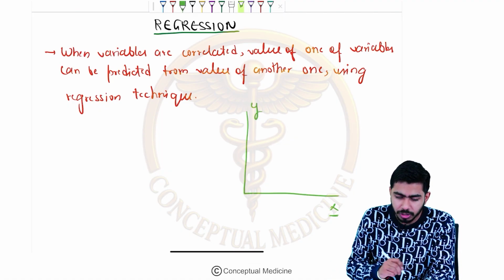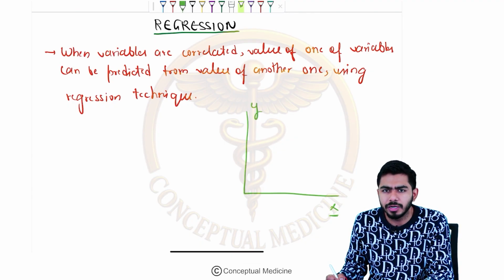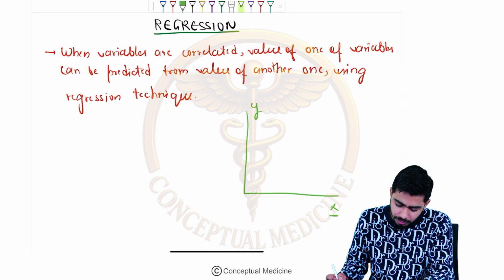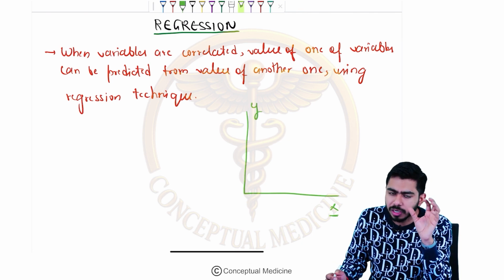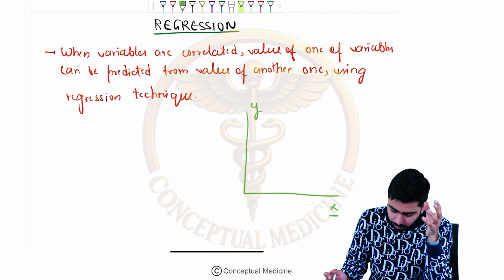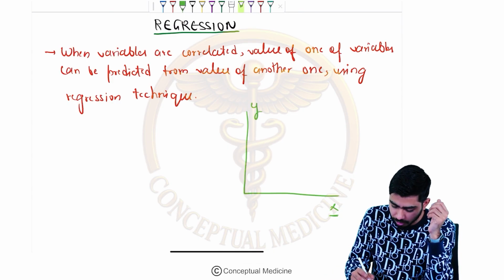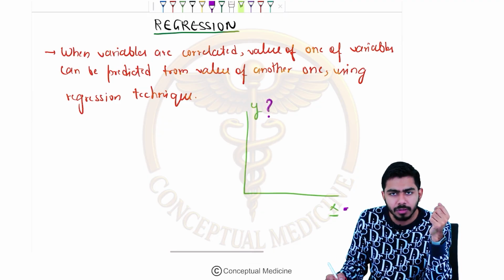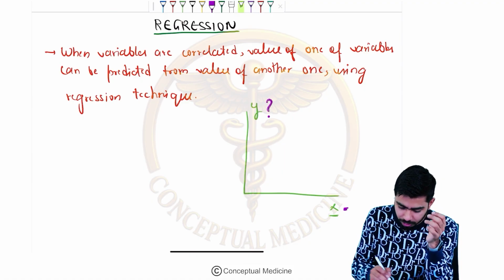That was r square, the coefficient of correlation square. But here we are talking about when variables are correlated, after that we have to predict the value of one variable. For example, I want to predict the value of y, so I can predict that from the value of x. So that is called the regression over here, right?